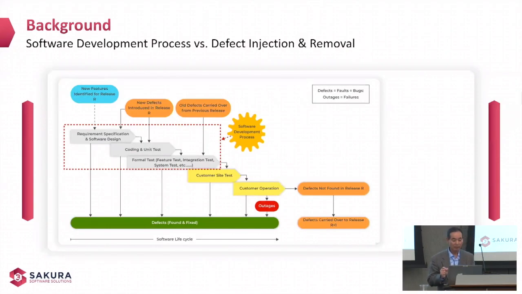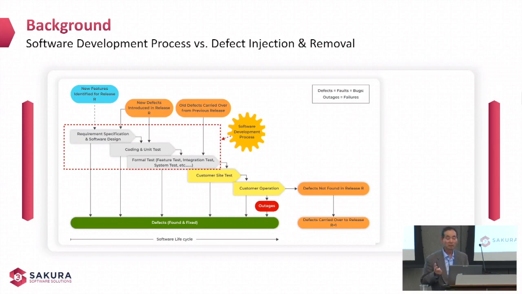Now, as a background, I am showing you a software development process diagram. Once a set of new features is identified for the release, we begin software development, starting with requirement specifications and software design, coding, and unit test, followed by the formal test.